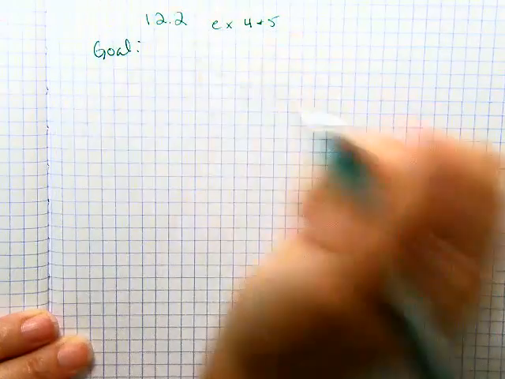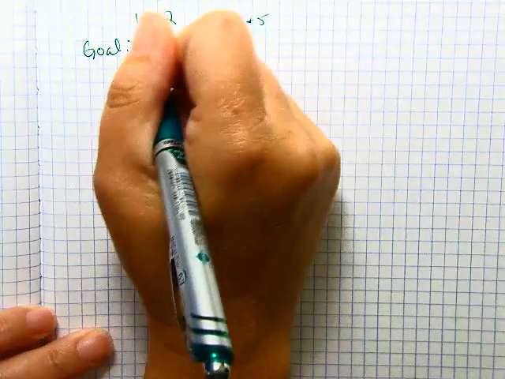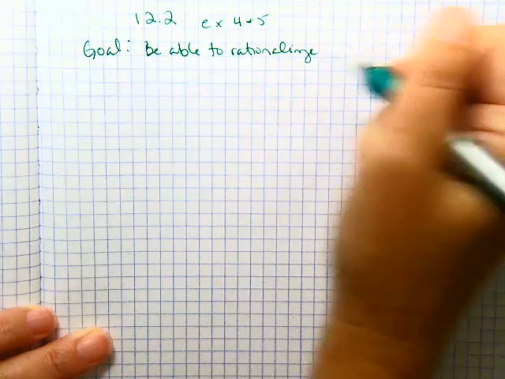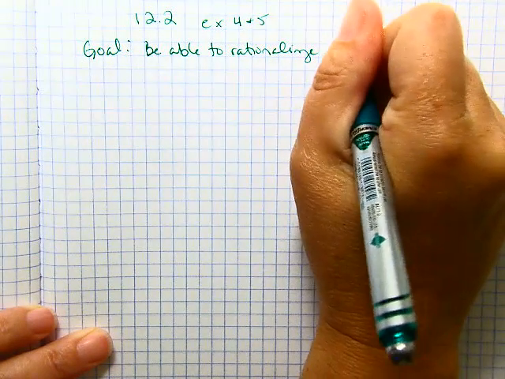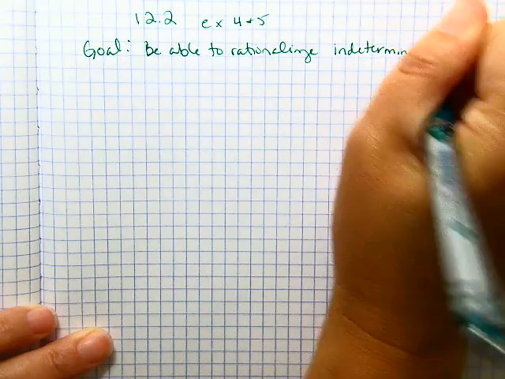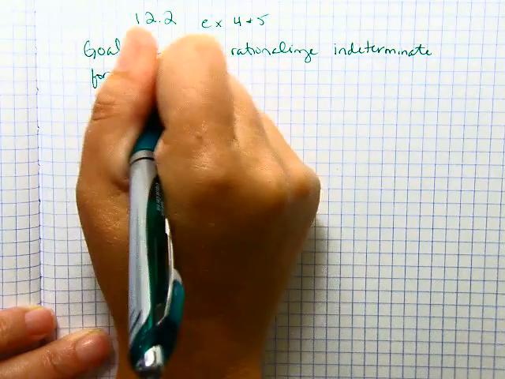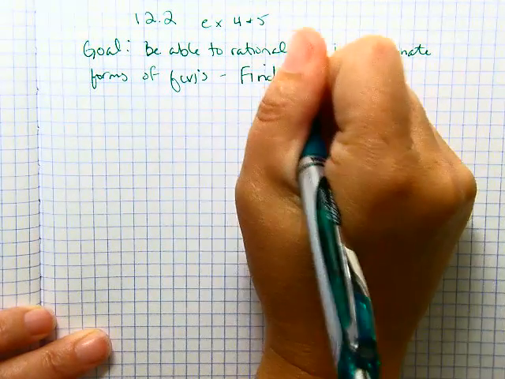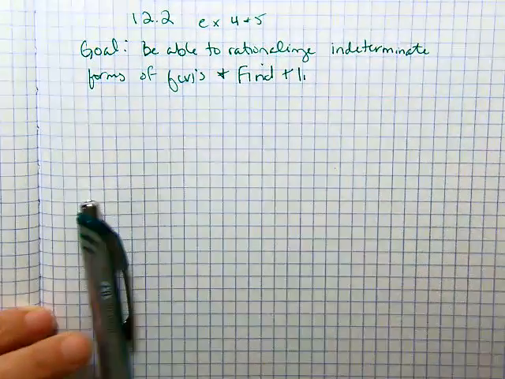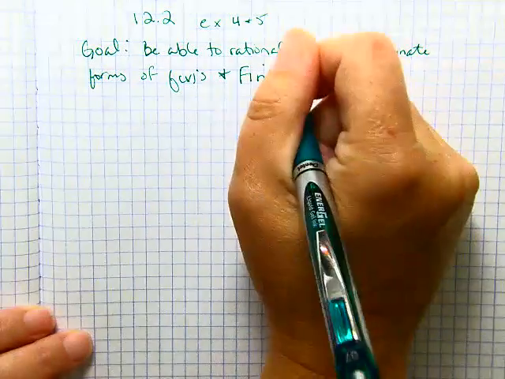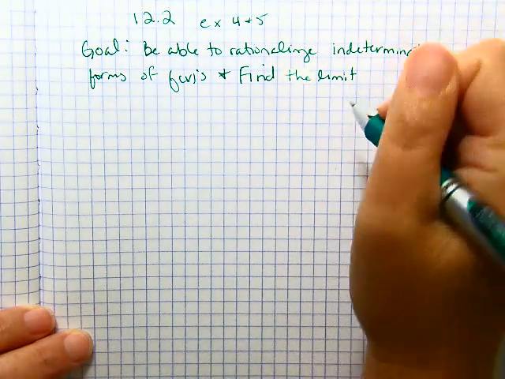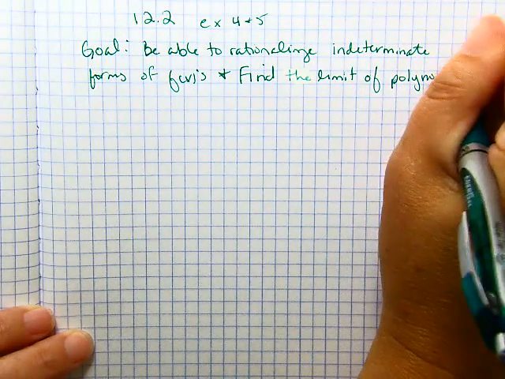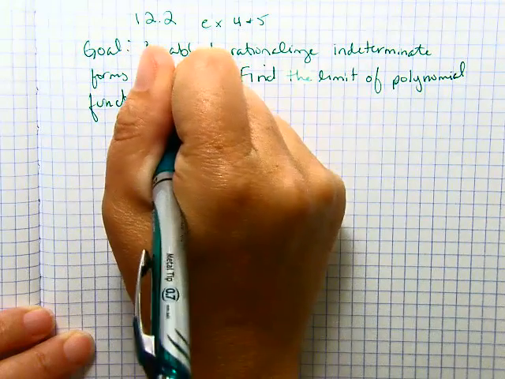Our goal, should you choose to accept it for your final mission, is that you will be able to rationalize indeterminate forms of functions and find the limit of polynomial functions at infinity.